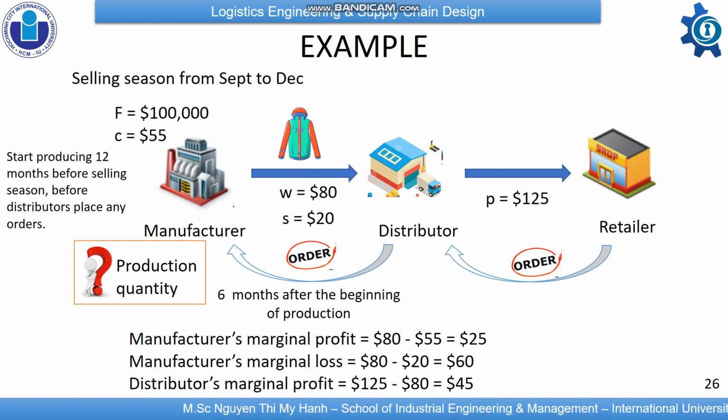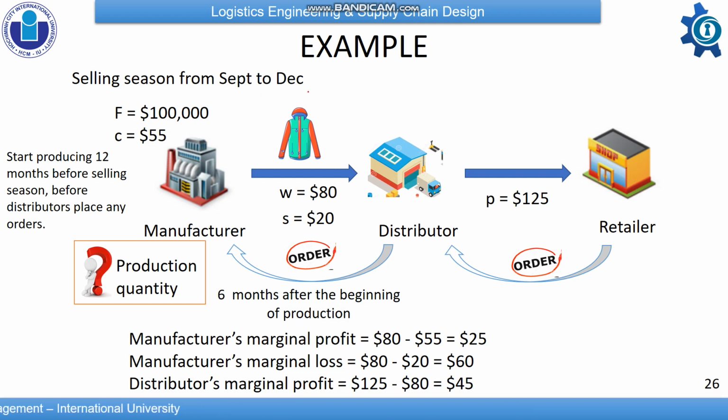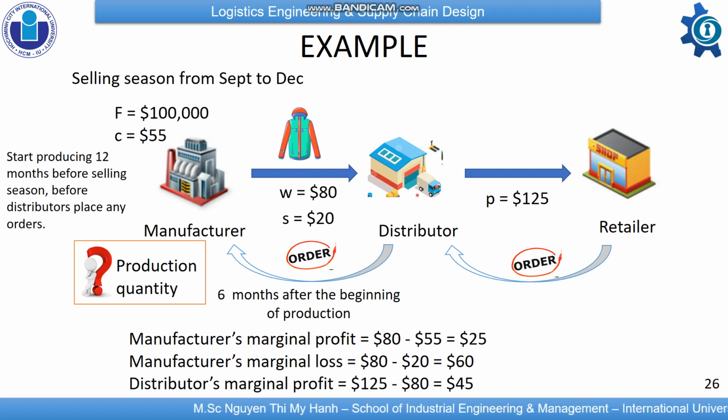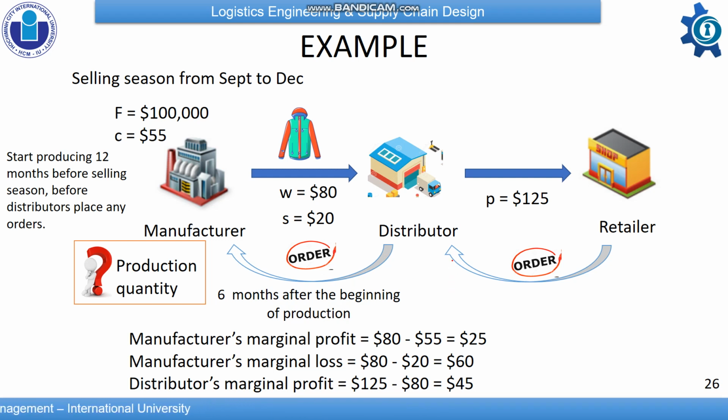The company sells ski jackets, and the selling season is from September to December. We have a manufacturer who sells the ski jackets to a distributor, and the distributor sells them to the retailer, and the distributor only orders from the manufacturer when they receive the confirmed orders from the retailer.